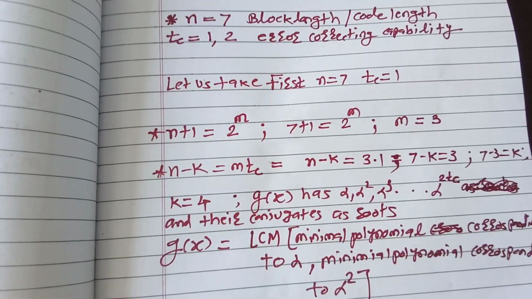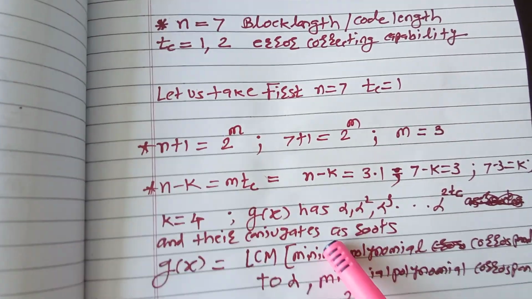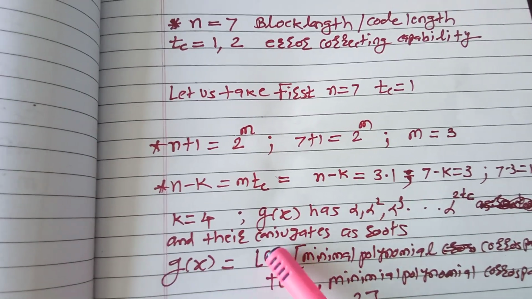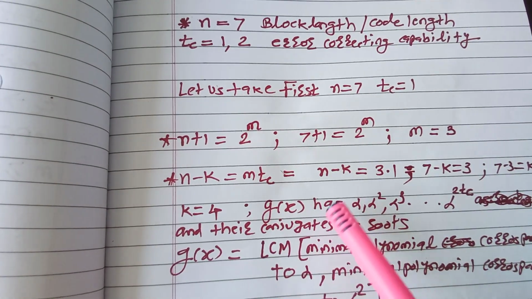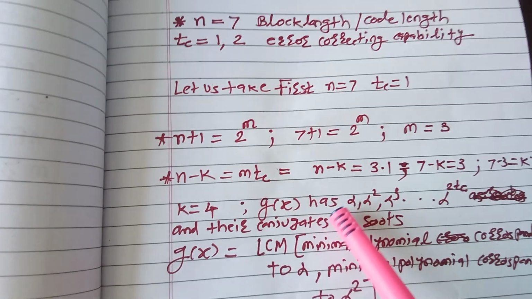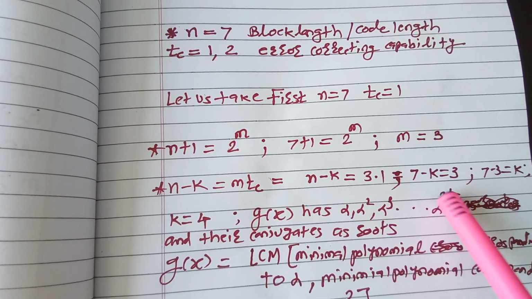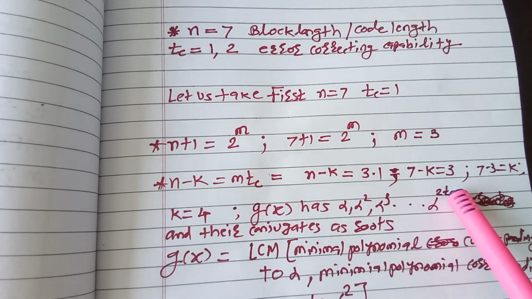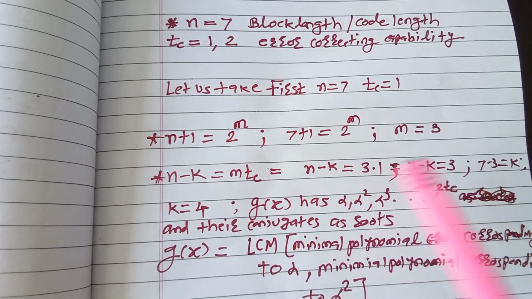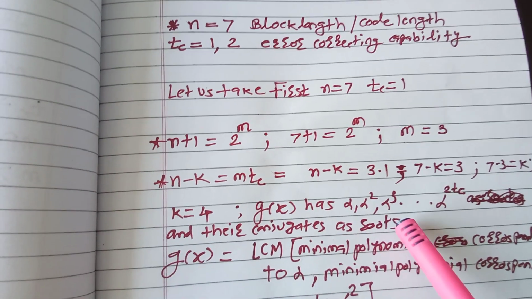Now how to obtain G(x)? So G(x), this is important, G(x) has alpha, alpha square, alpha cube, likewise you have to go up to alpha raised to 2 TC and their conjugates as roots.